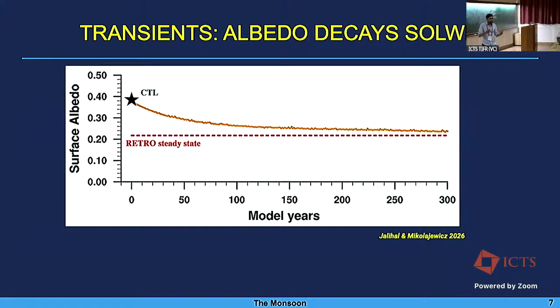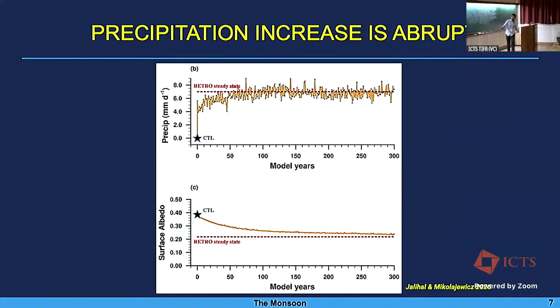So if albedo is the limiting factor of precipitation or monsoon, then precipitation should also follow a similar exponential graph, but growing, right? Albedo is decreasing, so monsoon or rainfall should increase. But here is what happens, quite interestingly. That's albedo, this is precipitation.